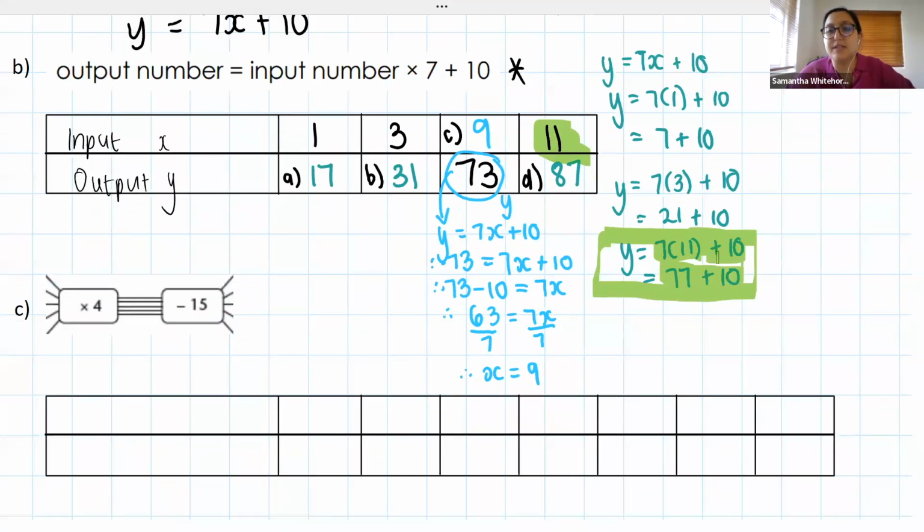So we end up with 77 plus 10, and that gives me my output of 87. So through substitution, I was able to get my answer of 87. Right, I hope that makes sense.